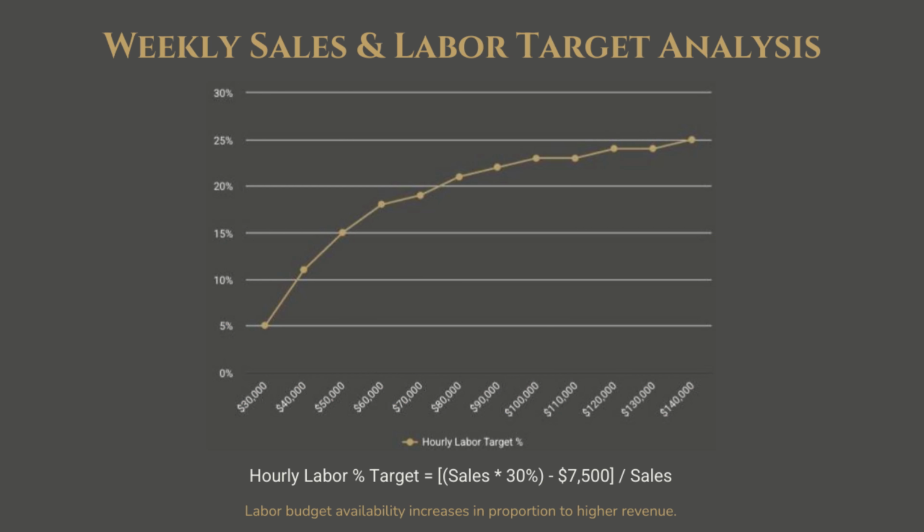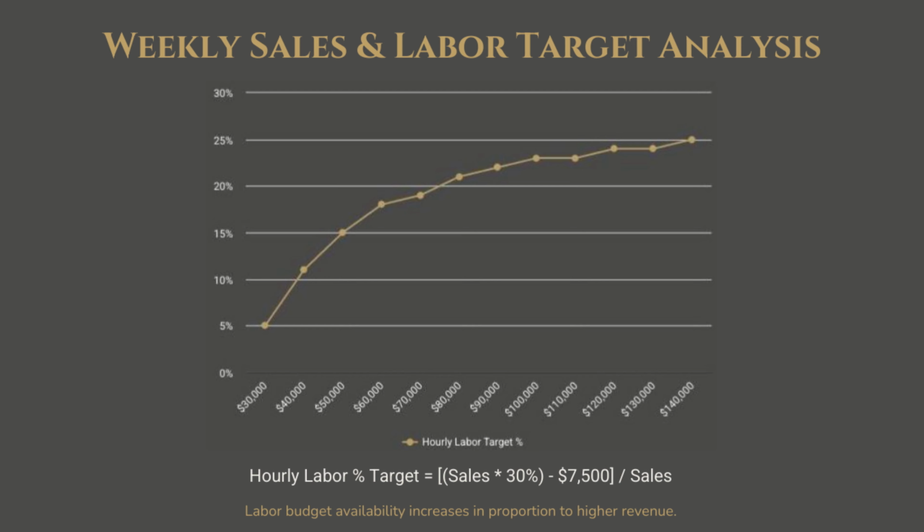This chart shows how hourly labor targets change based on weekly sales volume while still maintaining the overall 30% labor goal. Because management salaries and payroll taxes are relatively fixed, we will use $7,500 per week to illustrate the calculation. The percentage available for hourly labor increases as sales increase.